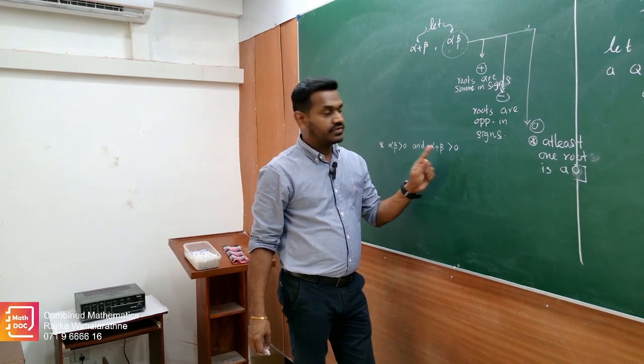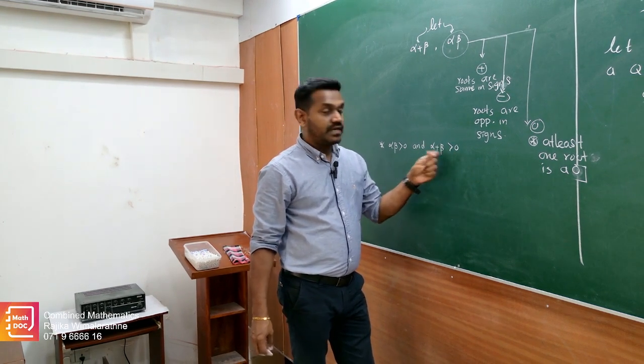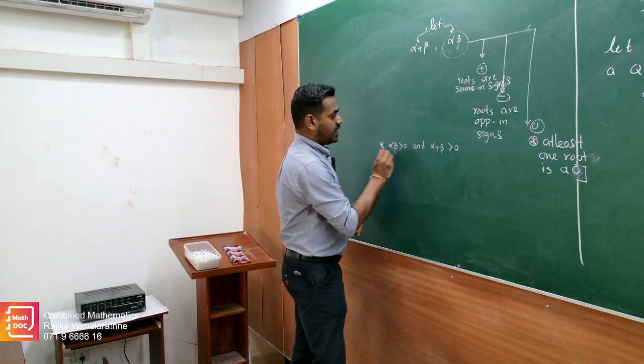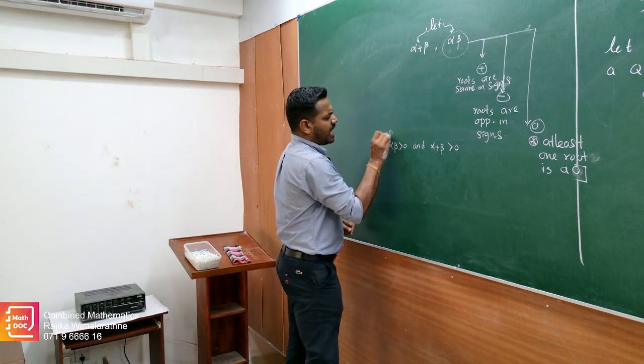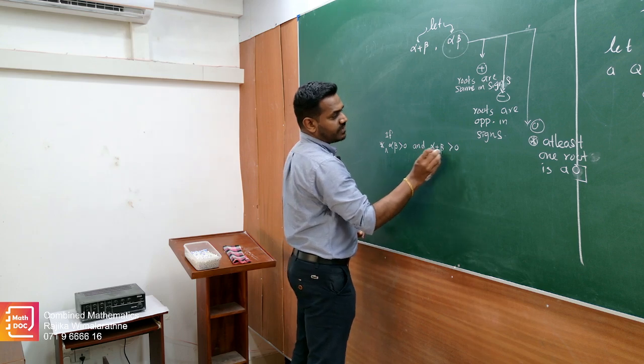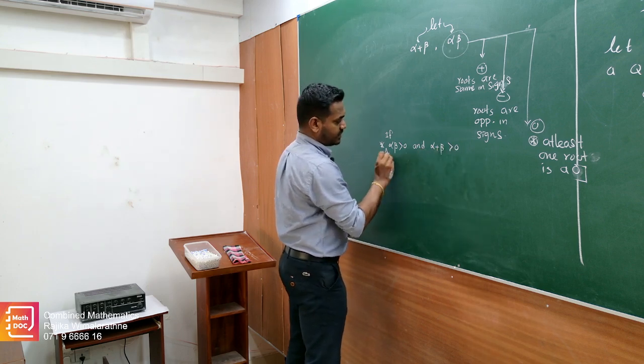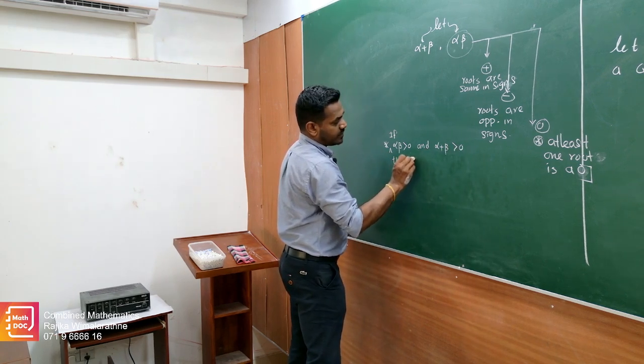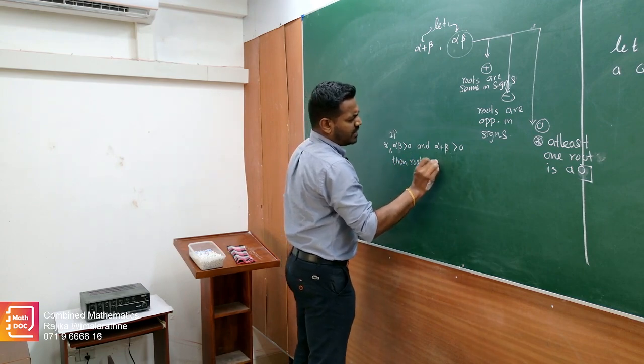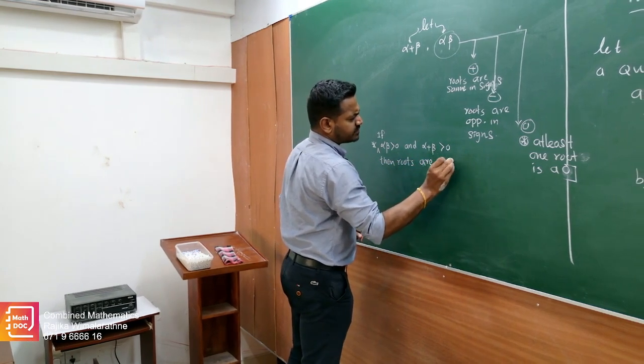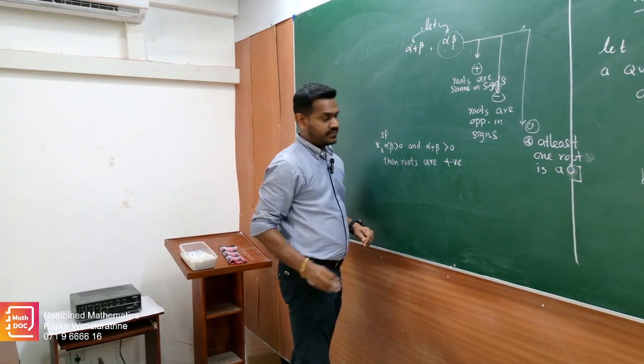Then surely alpha beta must be positive. If alpha beta greater than 0 and alpha plus beta greater than 0, then both roots are positive.